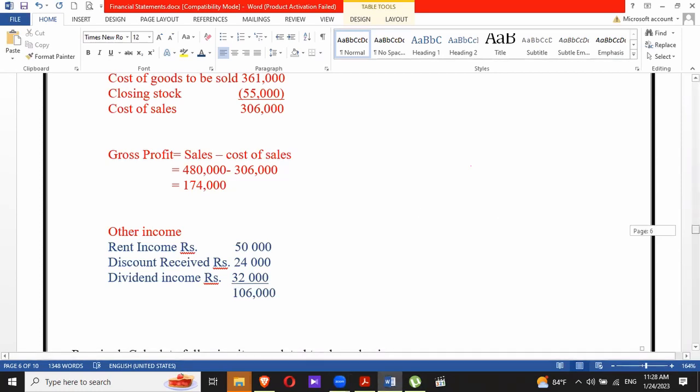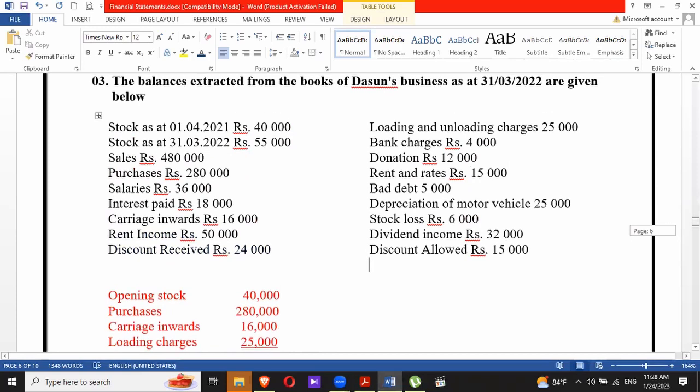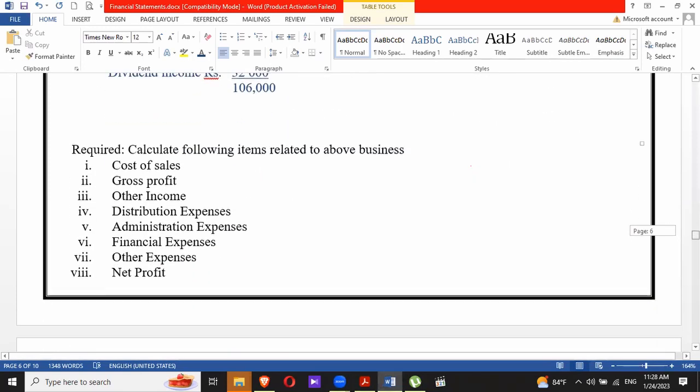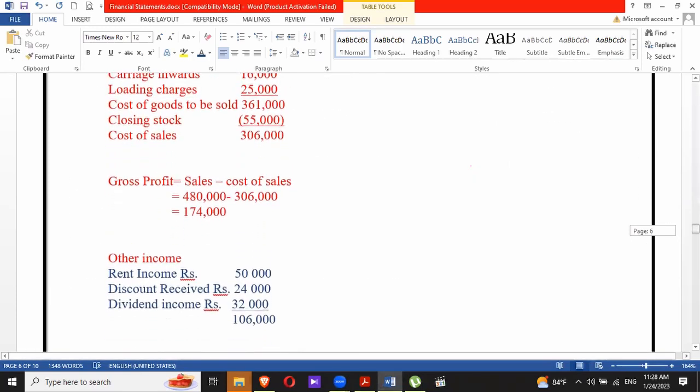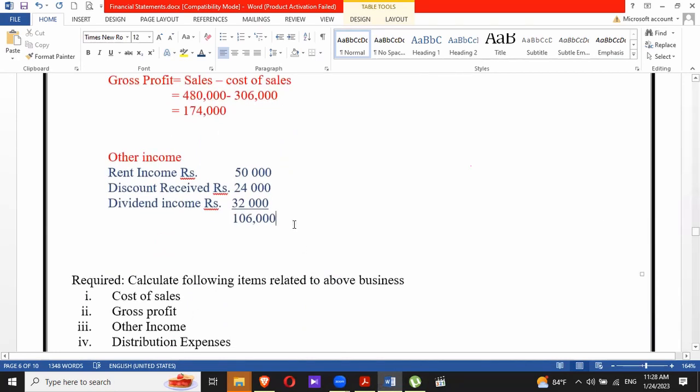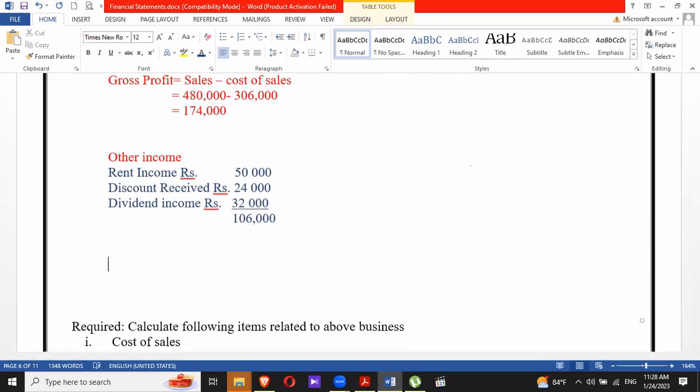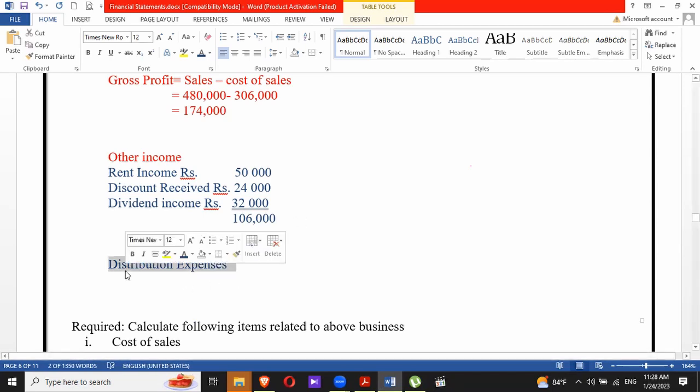Not second part. We have already finished third part. Now we can move to the fourth part. That is distribution expenses. Right? So here we can calculate distribution expenses. Distribution expenses we can calculate.